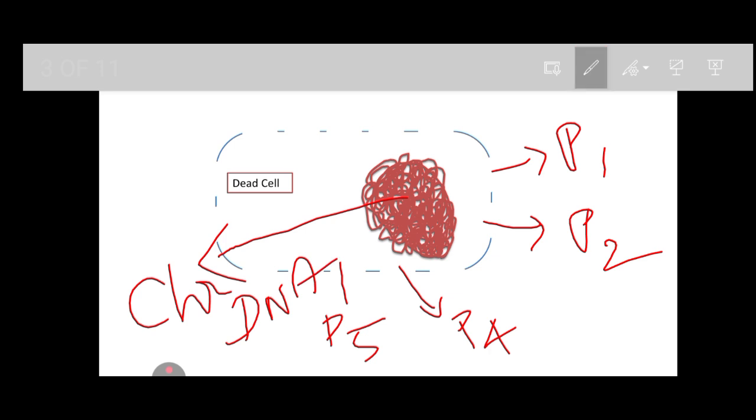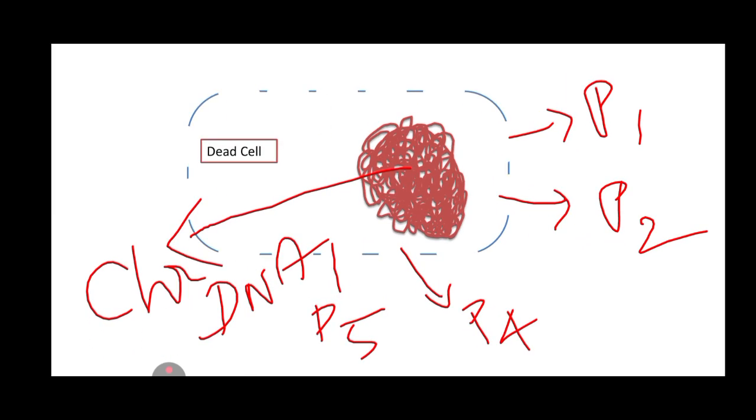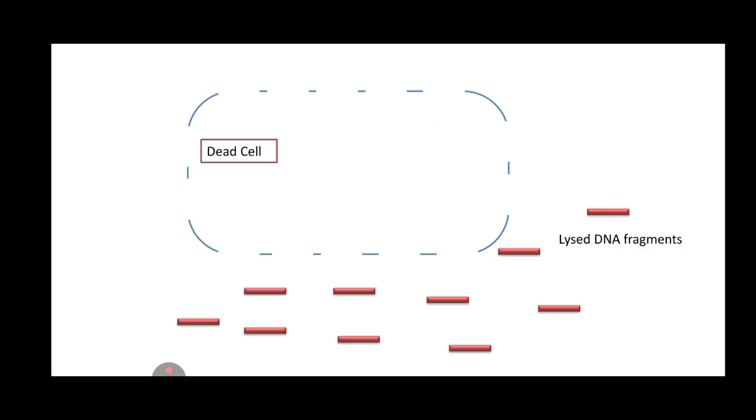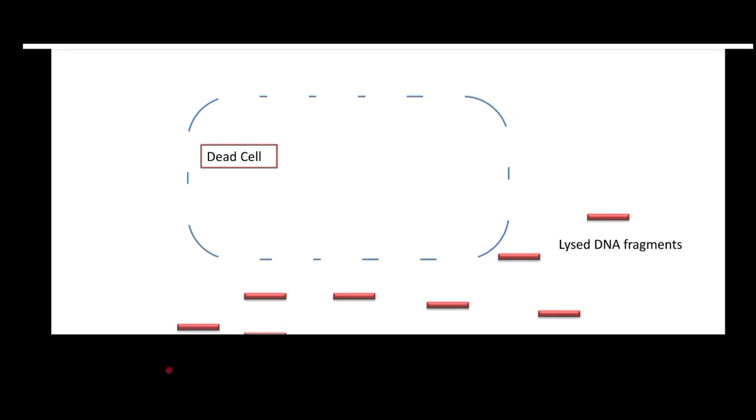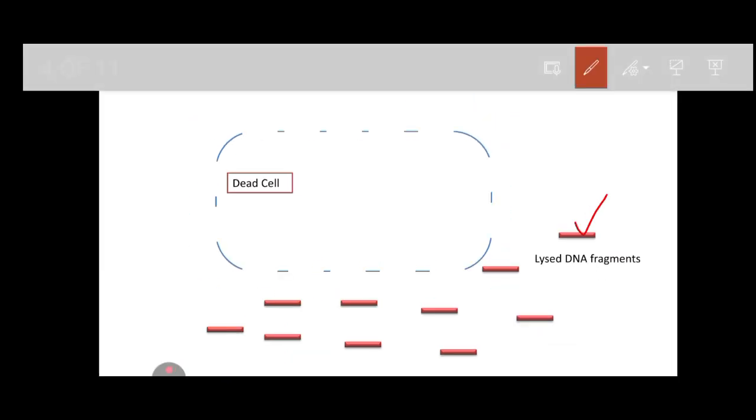This chromosomal DNA will be fragmented upon cell lysis, and these fragmented DNA will come into the environment when the cell is eventually dying, right? So these are lysed DNA fragments released from the dead cell. All these red color lines are referred to as lysed DNA fragments released by the dead cell.